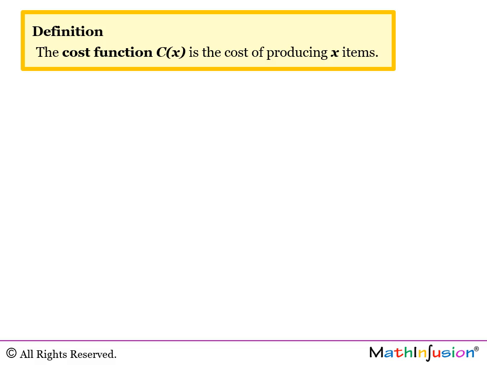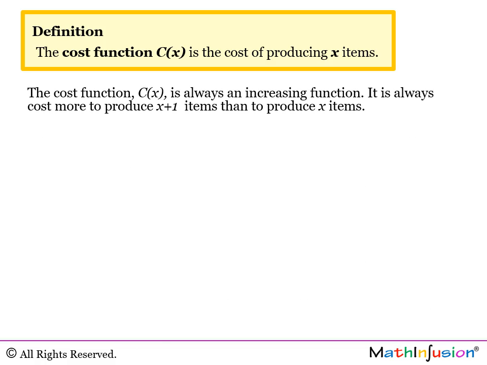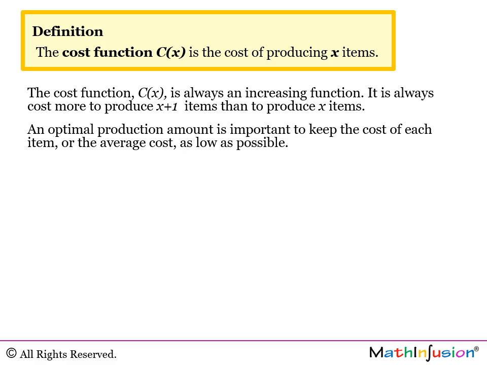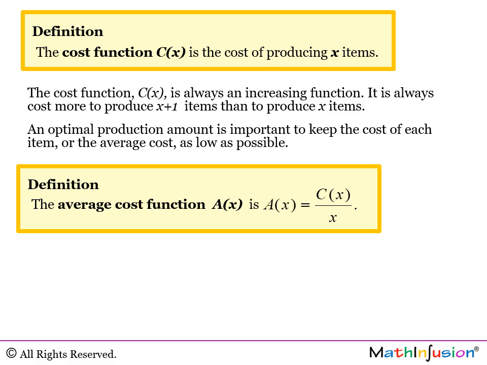Definition: the cost function C(x) is the cost of producing x items. And as we mentioned before, the cost function C(x) is always an increasing function, because it always costs more to produce x plus 1 items than to produce x items. An optimal production amount is important to keep the cost of each item, or the average cost, as low as possible.